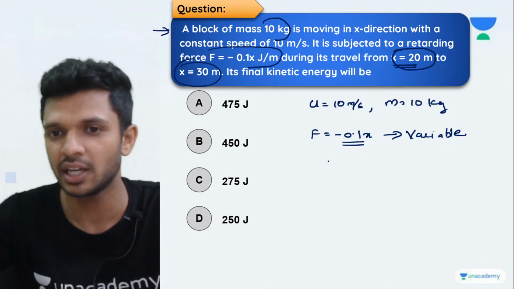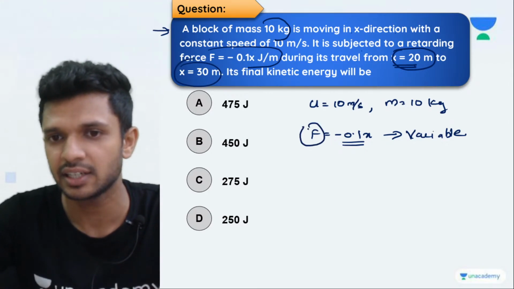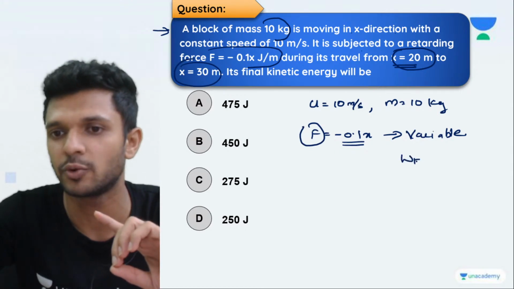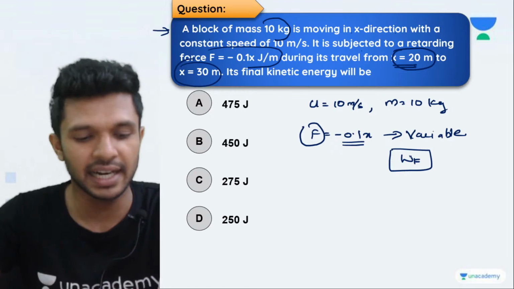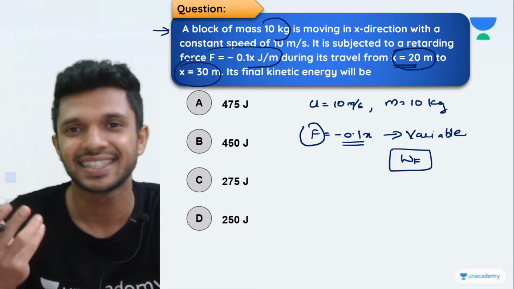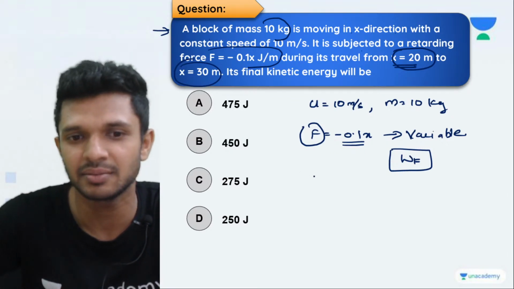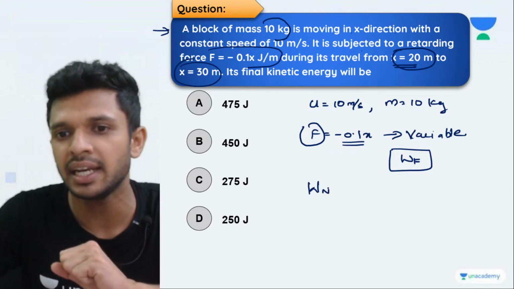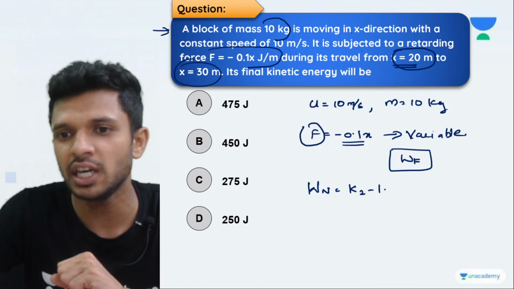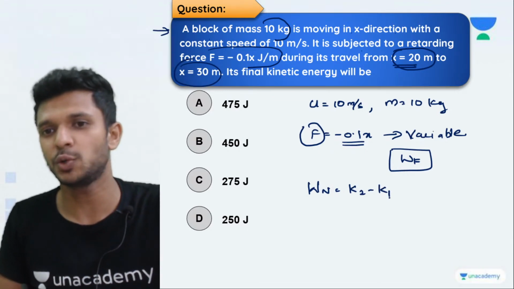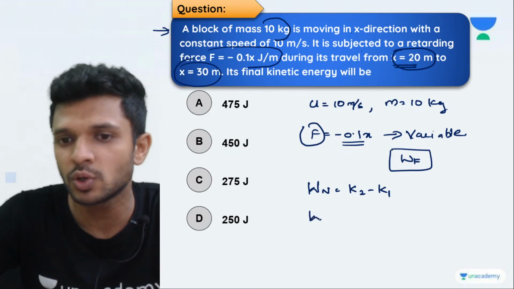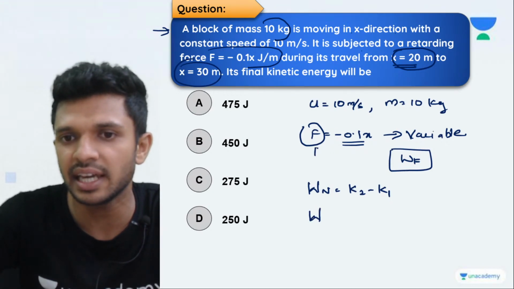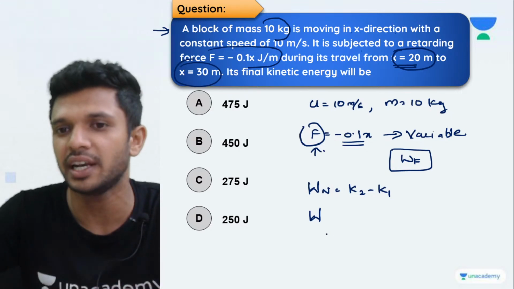How many forces are there? Only one force is acting, so only the work done by that force will be there. Question is the final kinetic energy. Work done by net force is equal to change in kinetic energy, that is K2 minus K1. Now work done by net force, only one force is there, the external force specified in the question.